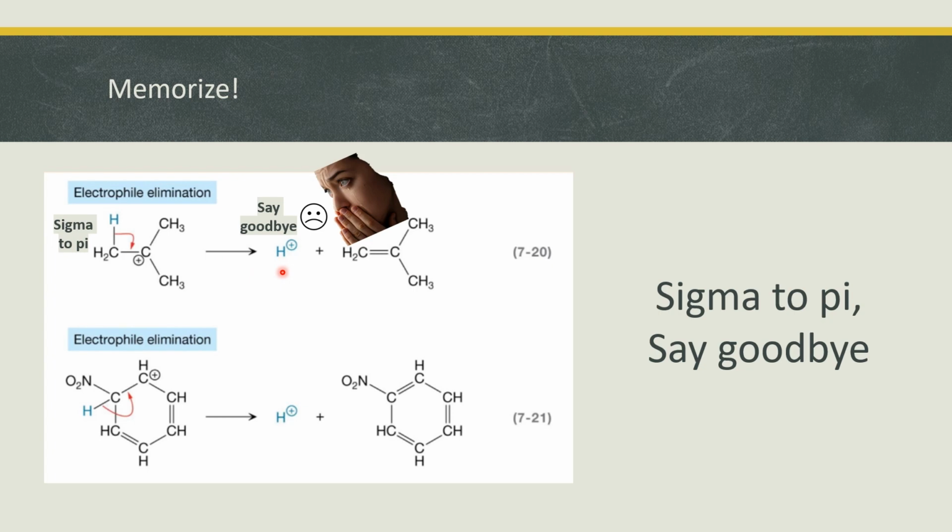Unfortunately, we're going to have to say goodbye to the electrophile. So when you think of electrophilic elimination, think sigma to pi, say goodbye, and just by remembering that, you're going to be able to remember the basic steps of what's going on. It's a lot easier than trying to mentally picture the arrow notation taking place and the changing molecular structure.